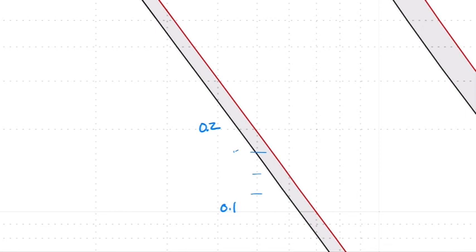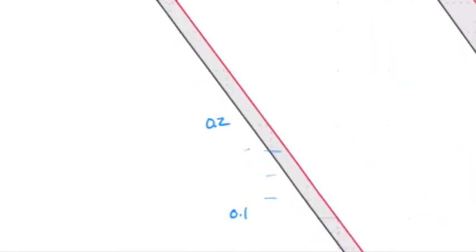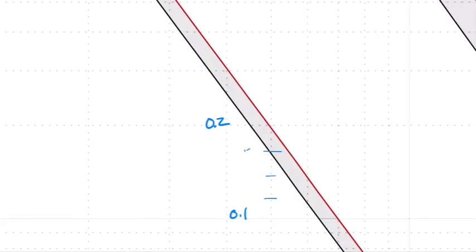So here we would be at 0.16 seconds for the black line, and for the red line, somewhere around 0.19 seconds.